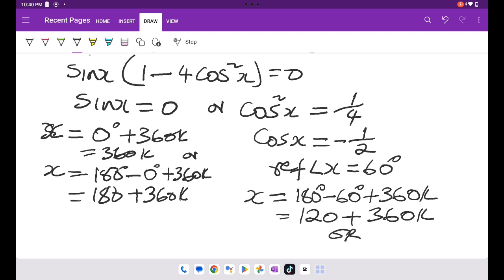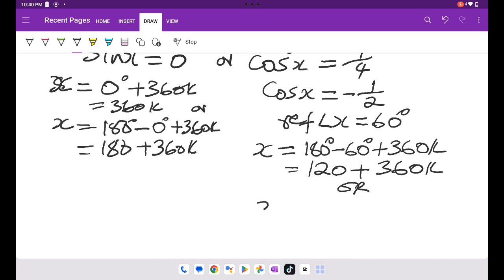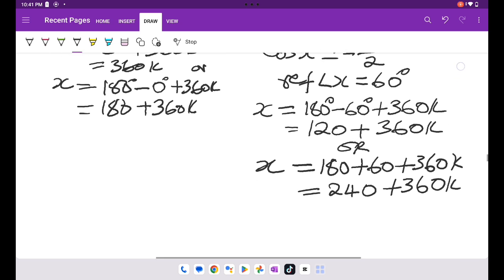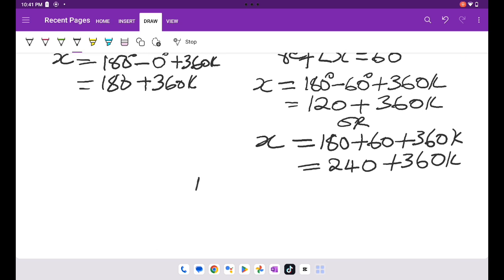Or in number 3, x will be 180 plus 60. So we add the 360k, and we will get 180 plus 60 is 240 plus 360k. Now we should not forget to indicate what this k is. So k is an element of integers.